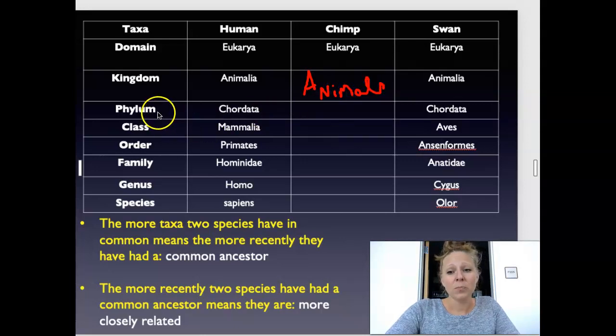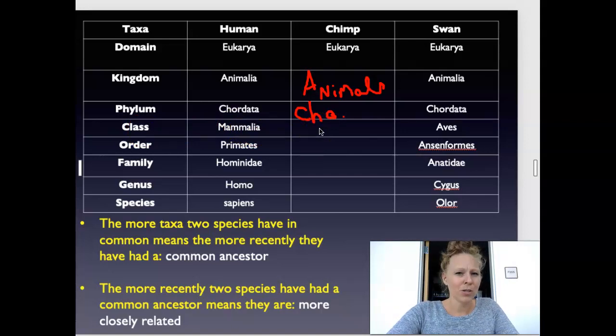And here the phylum, Chordata. Do chimps have backbones? Do swans have backbones? Yes, swans have backbones. And so chimps also have backbones. So we're going to say that they are chordates. I'm just going to write half of the words here. So yes, they're chordates, just like humans. Do chimpanzees have mammary glands? Do they feed their young milk?